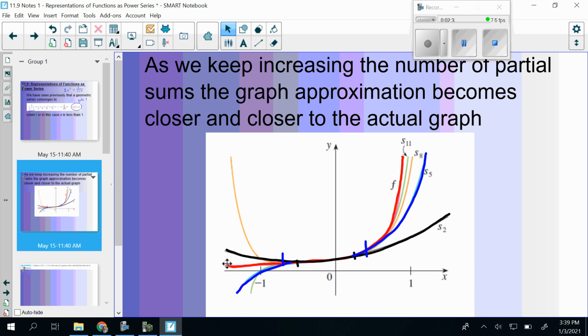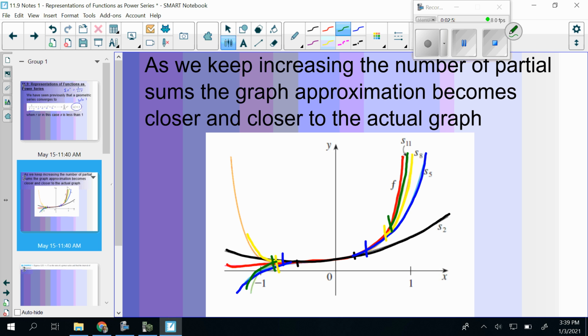If we jump it up to something bigger like 8 terms, okay? So now it's this graph. Well, now you can see from here to maybe about there. Now it's a better one. And finally, there's one more shown on here, this green one that's using 11 terms. Well, now maybe from here to over there.